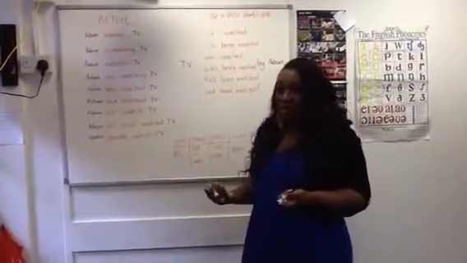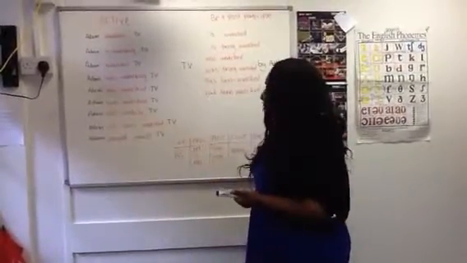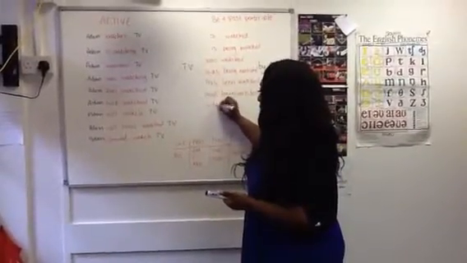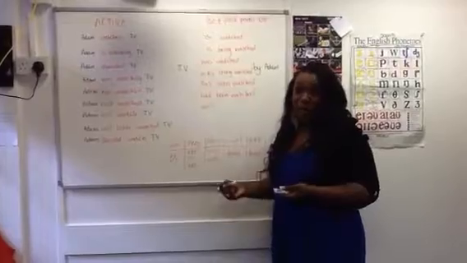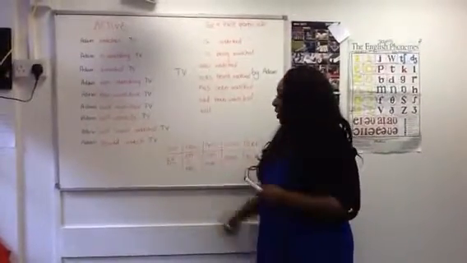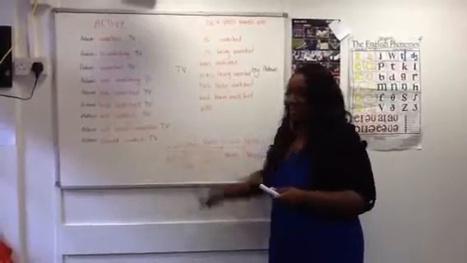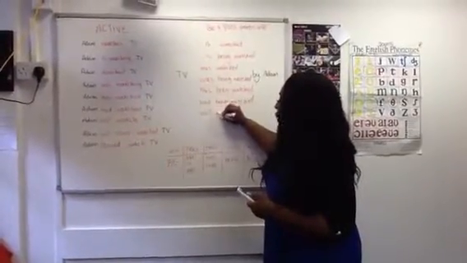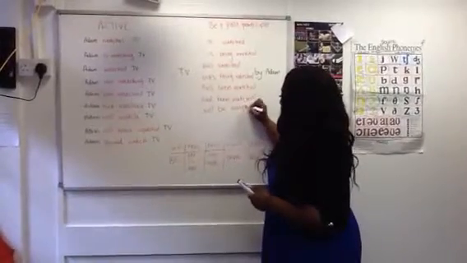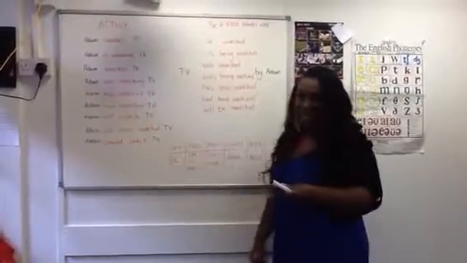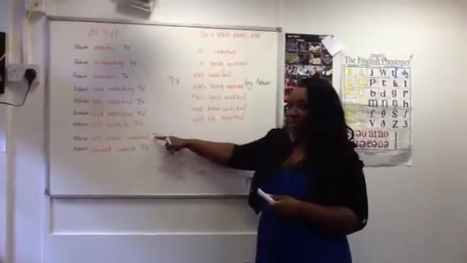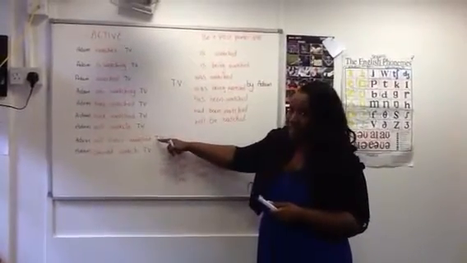Will we do the same thing for the future? Well, yes. I use TV and will. Will is a modal verb. Modal verbs are always followed by the infinitive. So, TV will be watched by Adam. And this structure, future perfect.